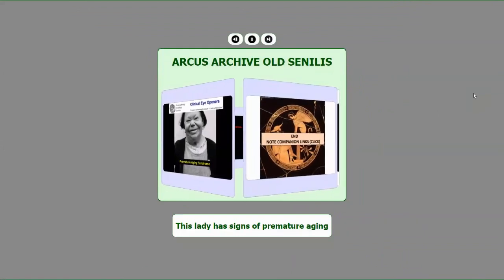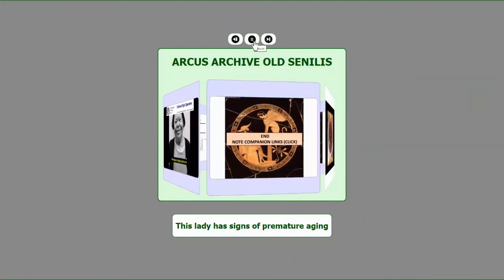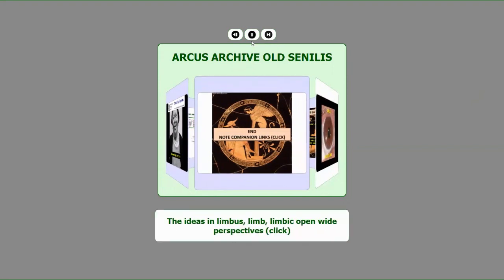And so we arrive at what you like the most, the end. So at the end, we can remind ourselves that we touched upon limbus, limbic, and also an archive, and so on.